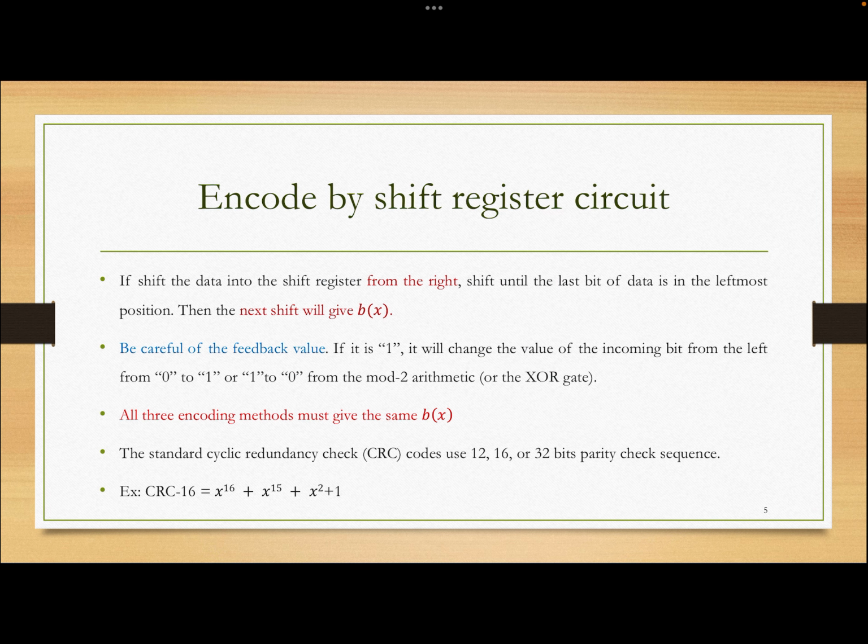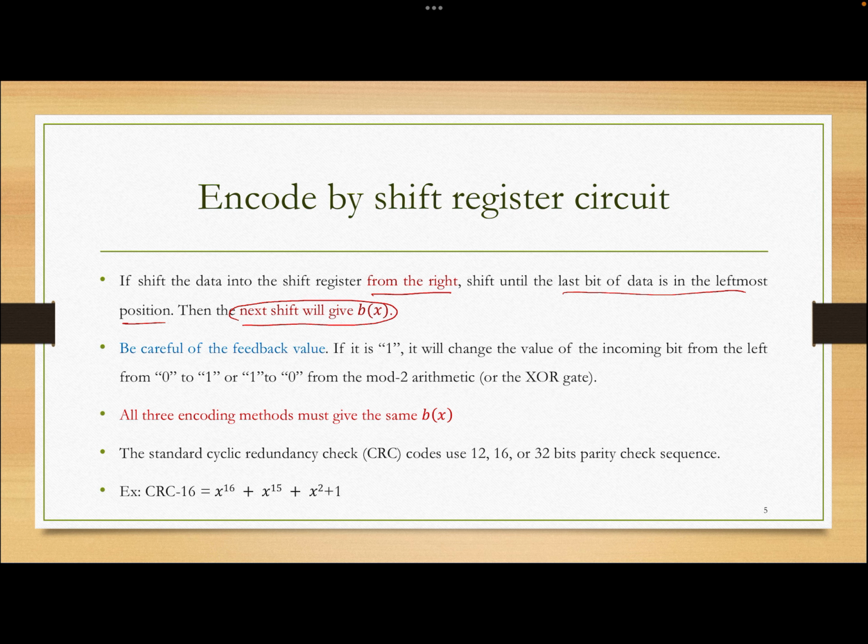So I summarize what I told you before: if we shift the data in from the right, then you will shift until the last bit is in the leftmost position, and then the next shift will give you b(x), okay? It's the same as what I showed you in the video.